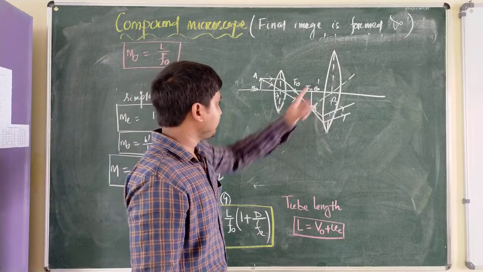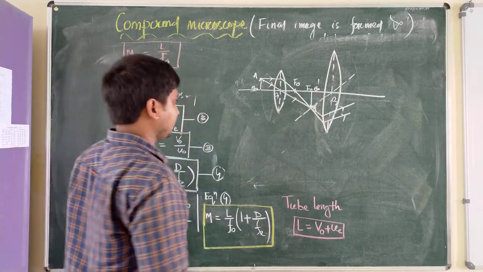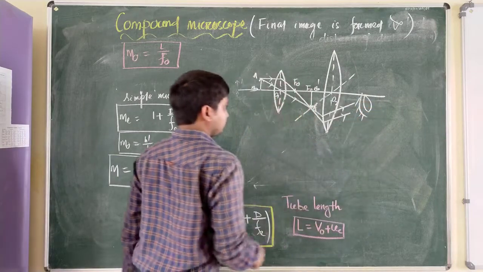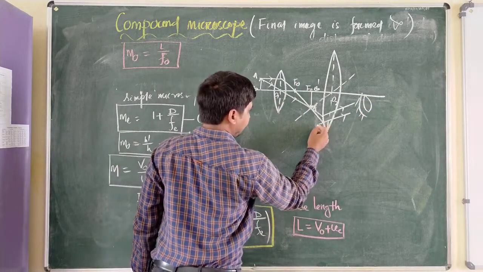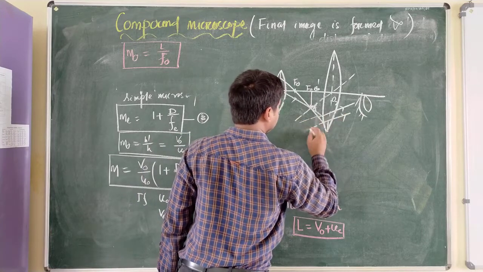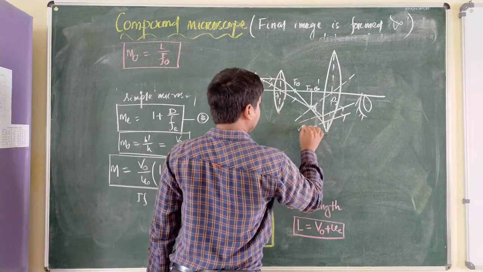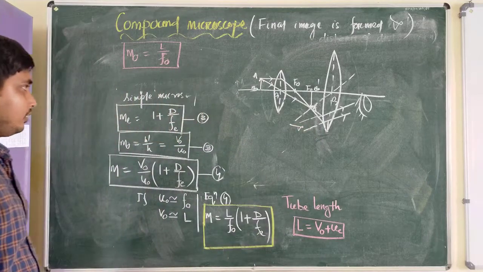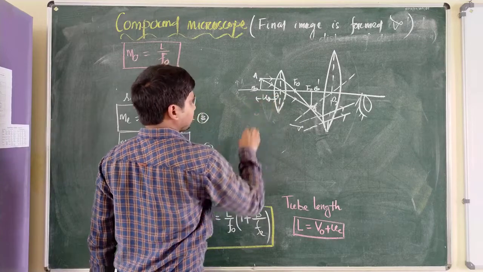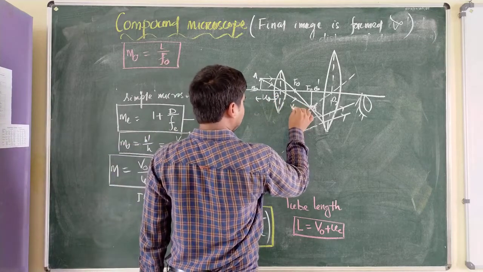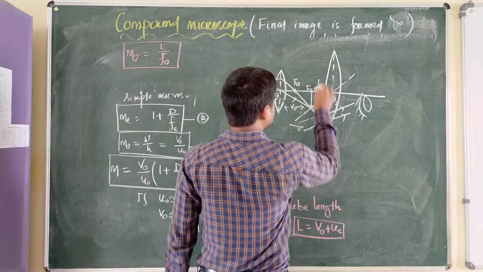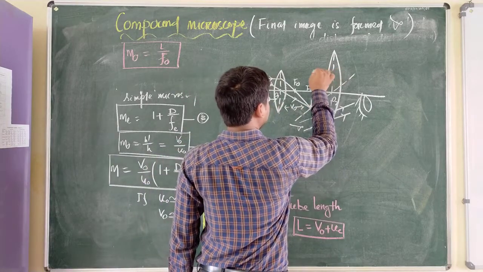The image A prime B prime is situated at the focus only. You are just viewing from here, and if you extend it backward also, this light will be parallel and they will not intersect each other, as if they meet at infinity. And this will be your UO. This is our VO, and this is our UE.